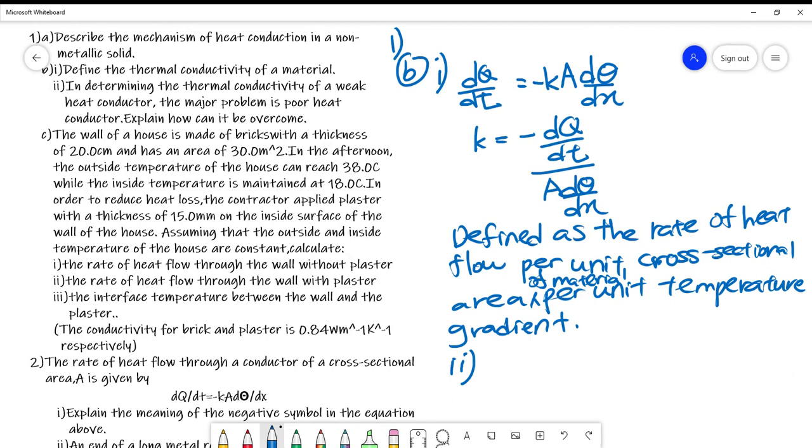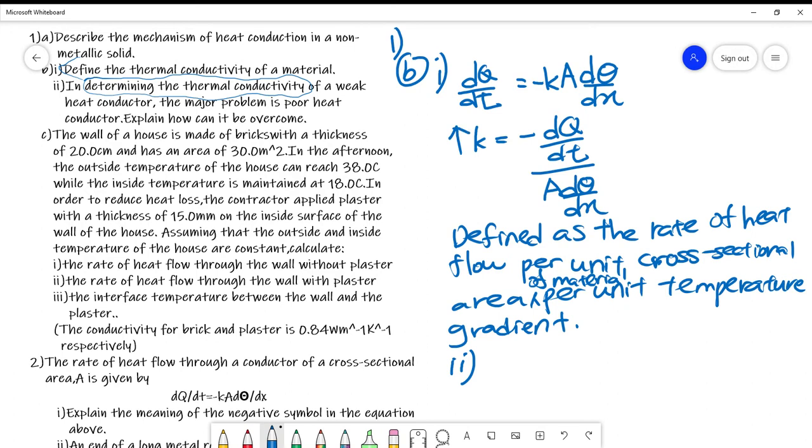What we need to do is modify that poor heat conductor so that we are able to determine its thermal conductivity, so that the thermal conductivity can be increased.